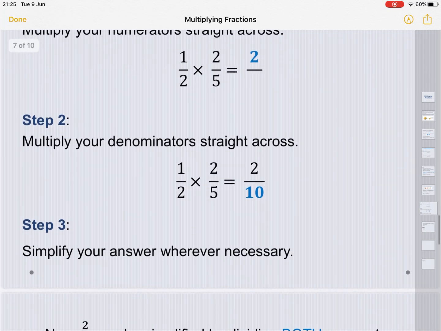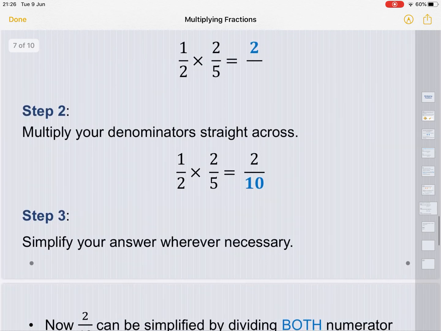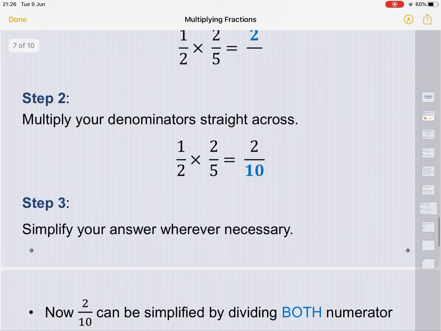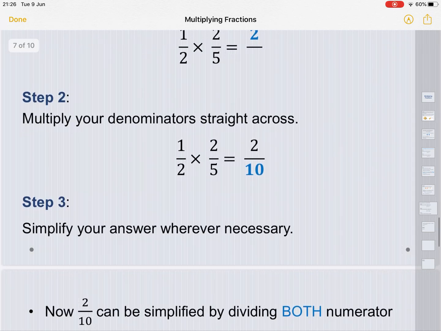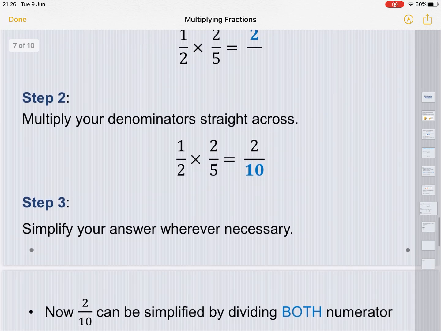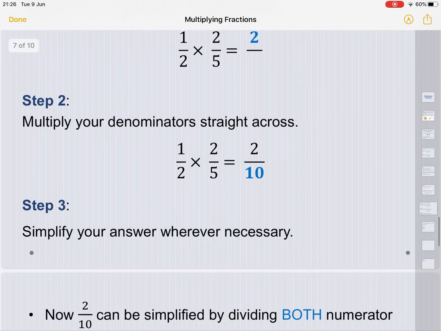And then we check whether we can simplify our answer. In this case, 2/10 can be simplified because both 2, the numerator, and 10, the denominator, are multiples of 2, so they can be divided by 2.